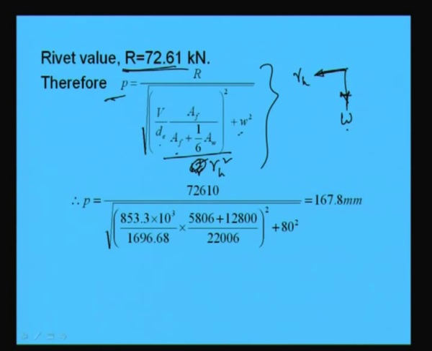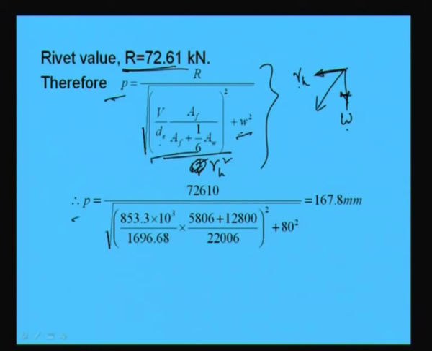So the resultant will become this plus this, where RH is becoming V by dE into AF by AF plus 1 by 6 AW, and that we are finding out from the expression derived earlier, right.